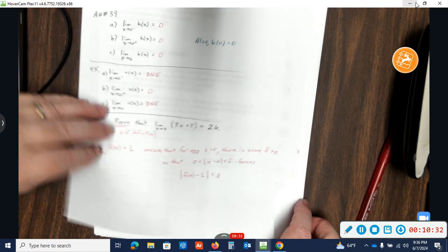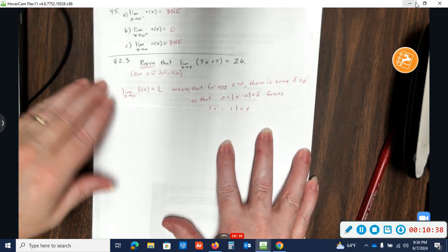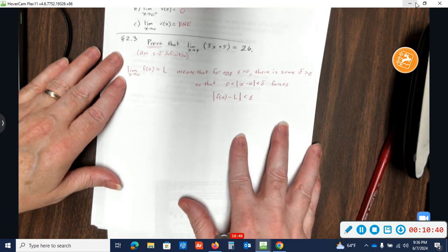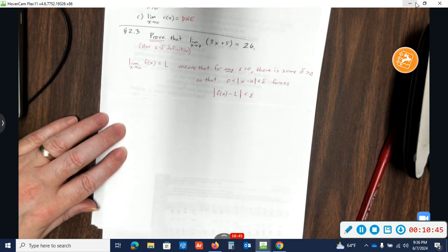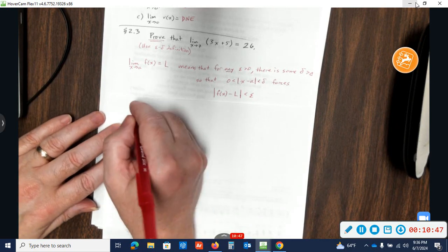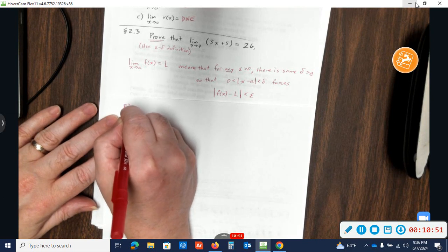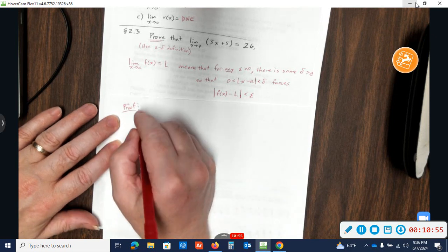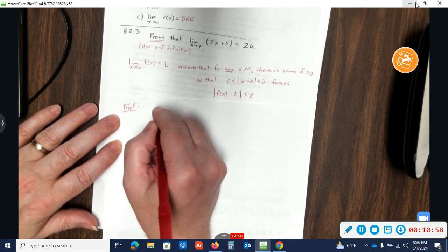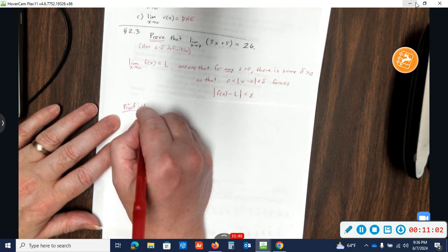I really do want bigger paper, so let me... Maybe I'll keep that handy so I can see that definition, and we'll work it. If I want to prove this, the way you prove it is you start with any epsilon greater than 0.